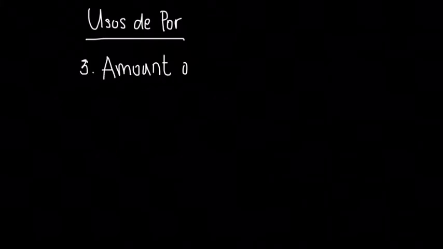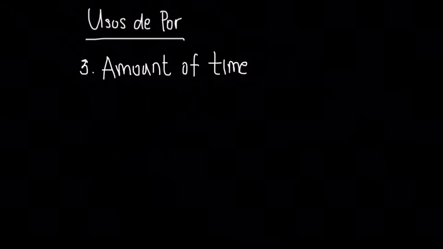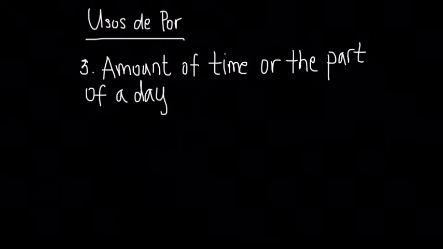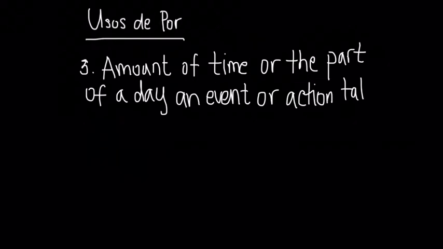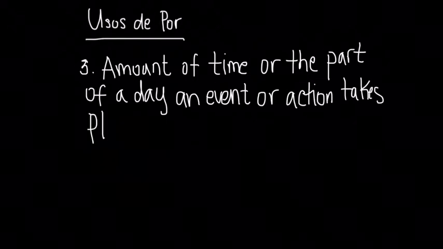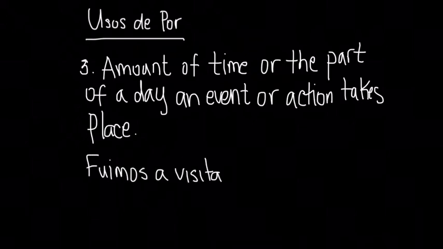The next use of por is when we want to indicate an amount of time or the part of day an event or action takes place. It is the equivalent in English of for or during.